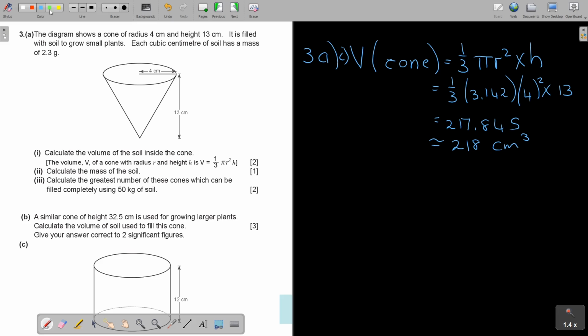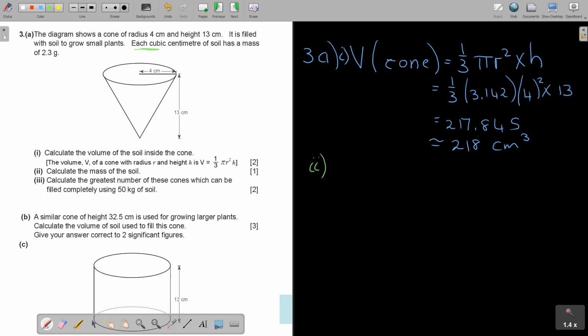And now I will go to the second one. Okay, so calculate the mass of the soil. Now just remember, one cubic centimeter has a mass of this, and this is the amount of cubic centimeters, and you can work with the approximated one now.